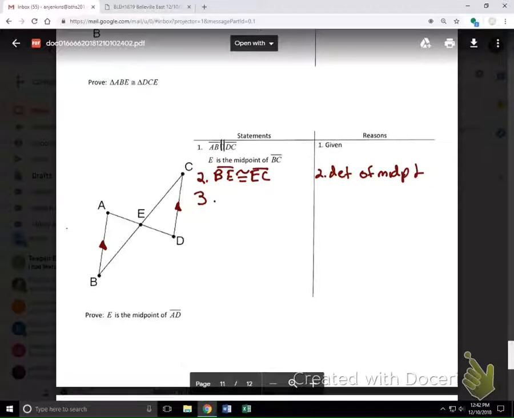Step 3. Our ultimate goal here is to show that E is the midpoint of AD. So I can run through very similar steps to my last proof. We see that they're parallel lines, so that means that angle A is congruent to angle D by the alternate interior angle theorem.